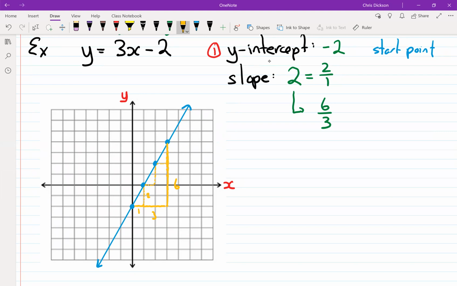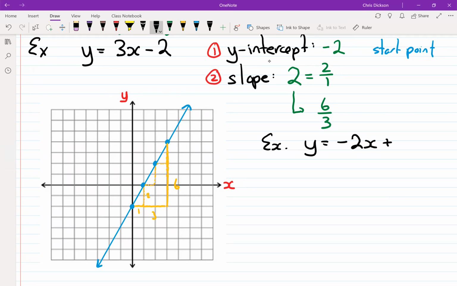Okay, so the first step is always to find the y-intercept, and the second one is always to find the slope. So why don't we use the same grid here, and let's graph this linear equation. Say y is equal to negative 2x plus 4.